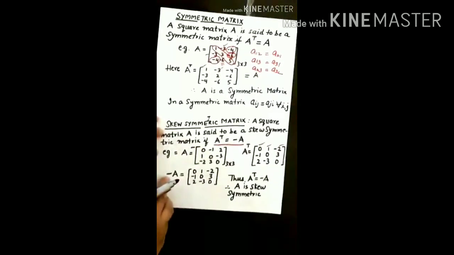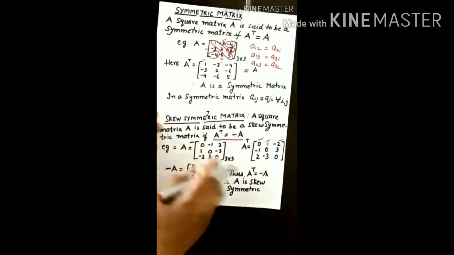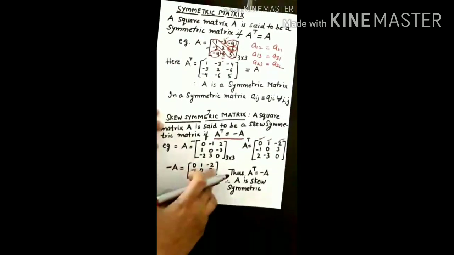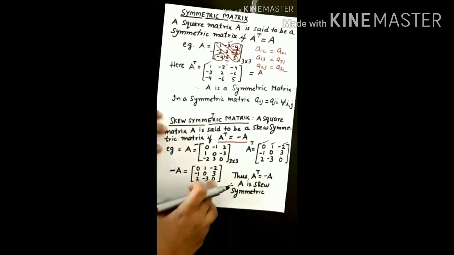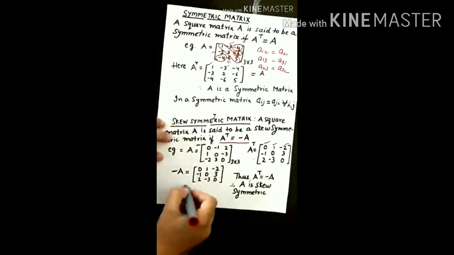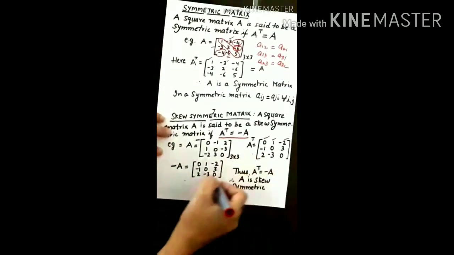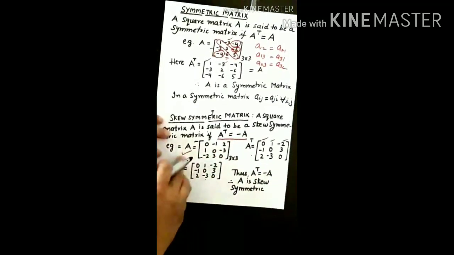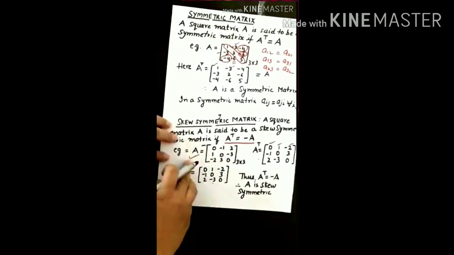And if I compute negative of A, I get the matrix 0, 1, minus 2, minus 1, 0, 3 and 2, minus 3, 0. And you can see that transpose of A and negative of A both are equal. So we say that A is a skew-symmetric matrix.